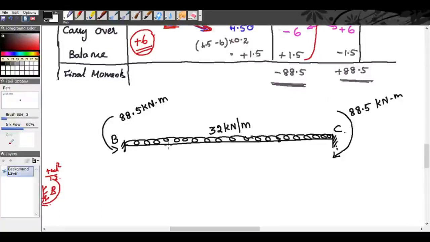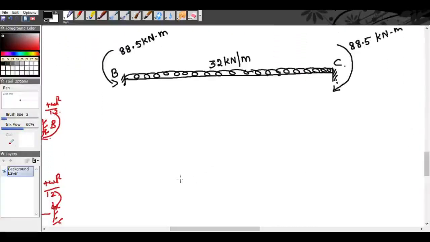Okay, now we will draw the bending moment diagram for these loads and moments. While drawing the bending moment diagram, we know it is a combination of both.